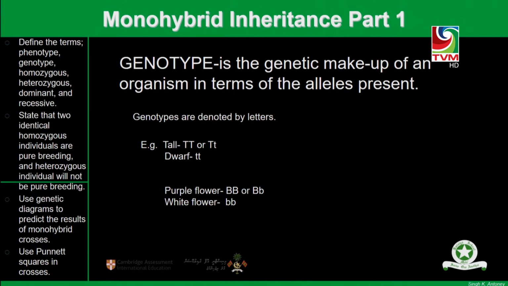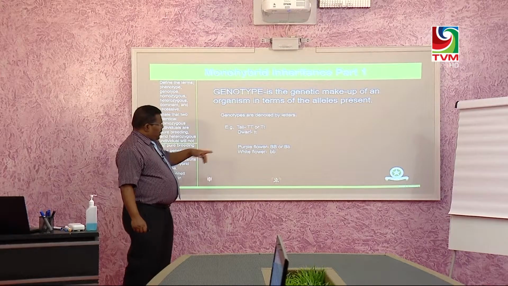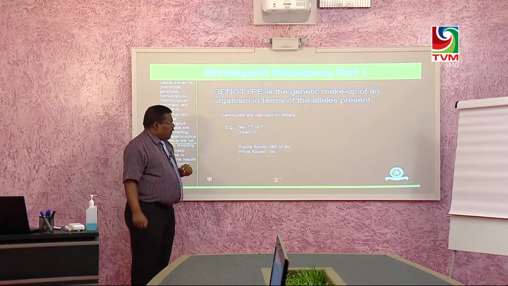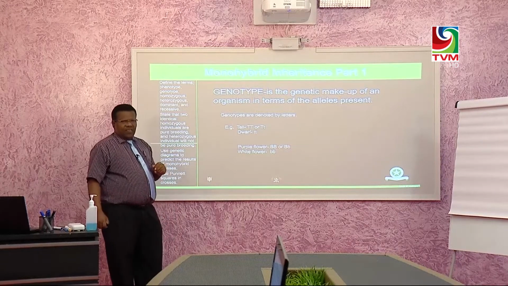And we have seen that alleles are found at the same position on homologous chromosomes, and we denote these genotypes by means of letters. Usually we use the first letter of the dominant character. We will see what is dominant character as we proceed.